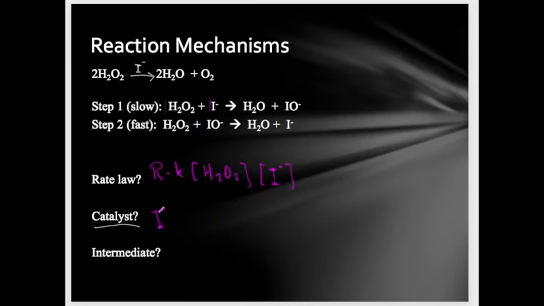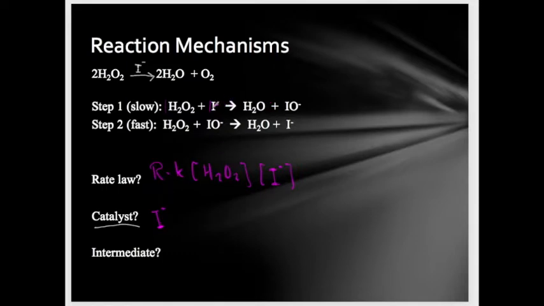Here's how you can look at a reaction mechanism and right away find a catalyst. First of all, a catalyst will never show up in the overall reaction. It's written above the arrow to show you, hey, this is a catalyzed reaction, but it doesn't actually take part in the reaction. And a catalyst will always get canceled out in the reaction mechanism steps, but it's the opposite of an intermediate. You need to write this down.